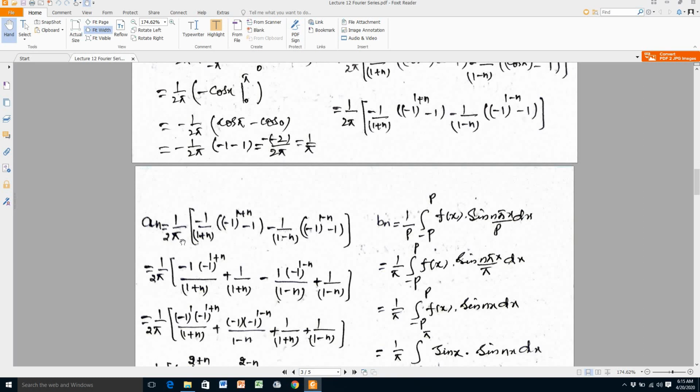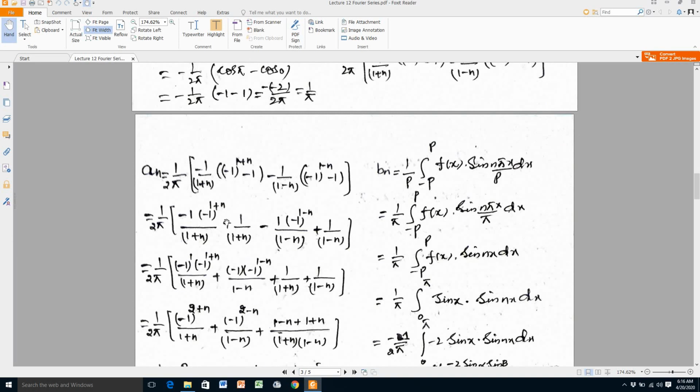Now a_n is equal to 1 over 2 pi, minus 1 over 1 plus n times (minus 1) raised to the power 1 plus n minus 1, minus 1 over 1 minus n times (minus 1) raised to the power 1 minus n minus 1. And here I write this negative 1 as minus 1 raised to the power 1.